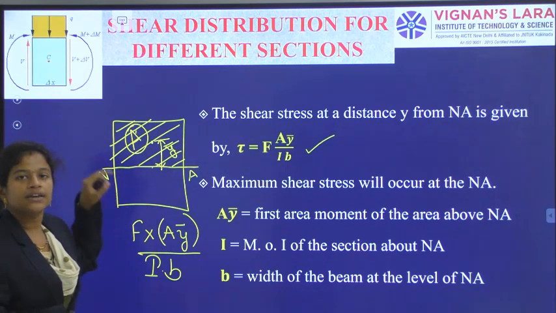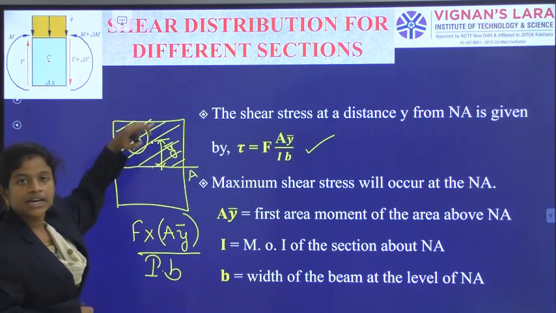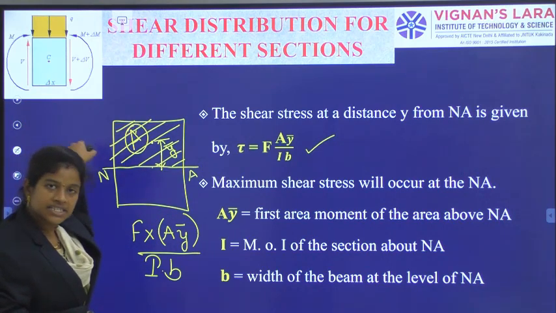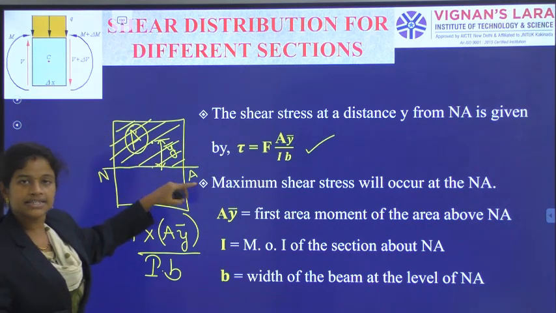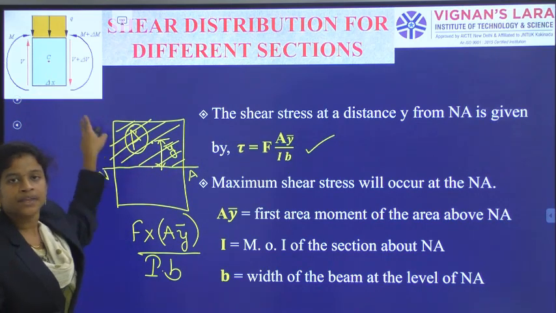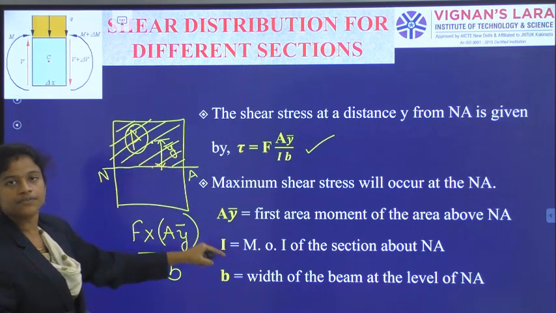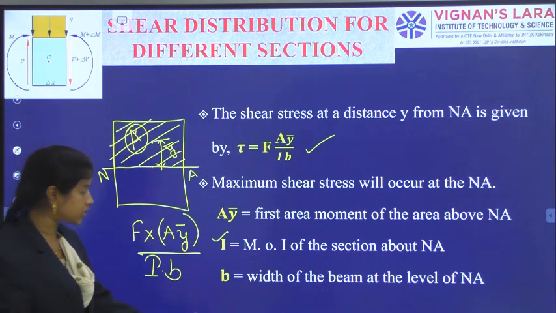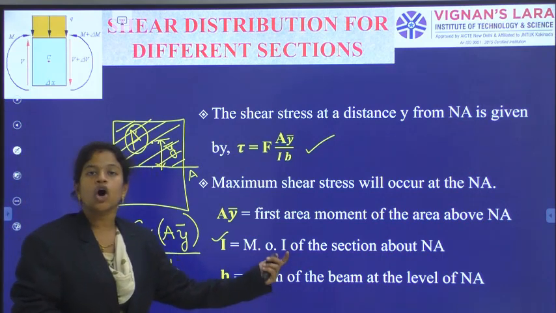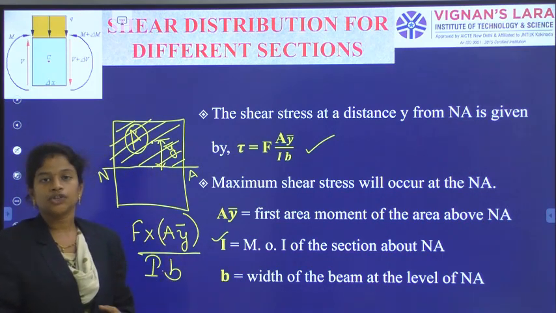So if it is a rectangle, how will we do it? If it is at a distance y from the neutral axis, we will give the level. If it is at the neutral axis, we will indicate the neutral axis level. Above portion we will shade, and for that portion we should write the first area moment. And capital I is moment of inertia of the section about the neutral axis, and B is width of the beam at the level of neutral axis.